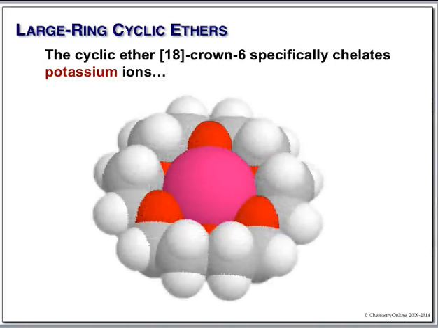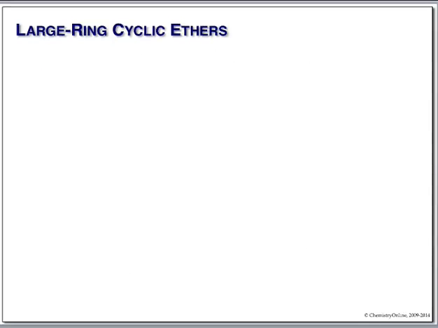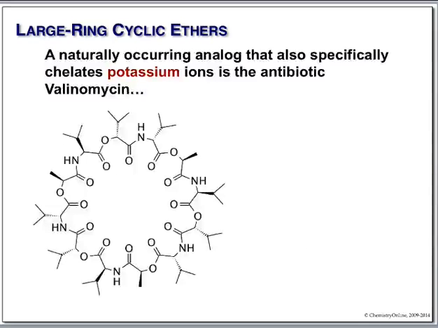Now, organic chemists weren't the first to think this up. Ever heard of valinomycin? Some of you are pharmacy professionals, I'm sure you have. Valinomycin looks like this. It's secreted by Saccharomyces, and it's an antibiotic.